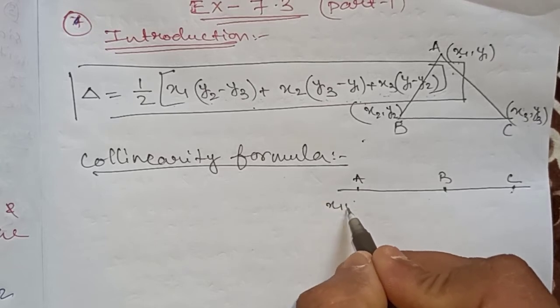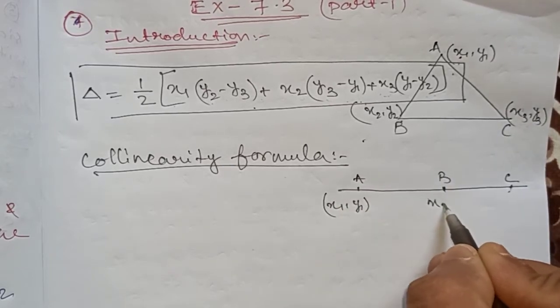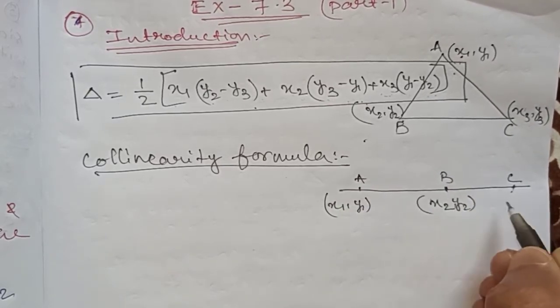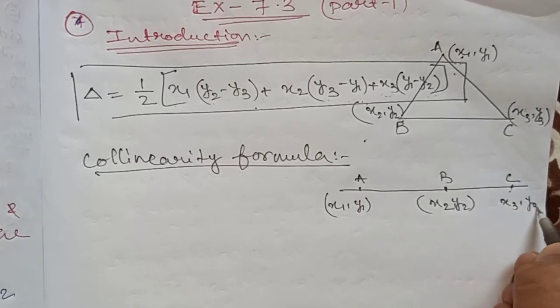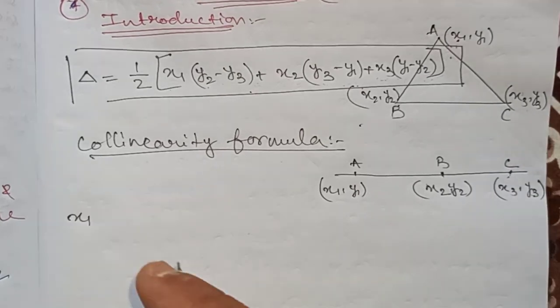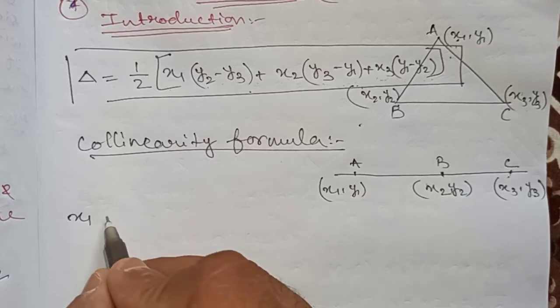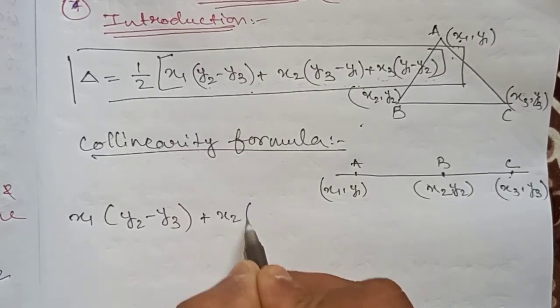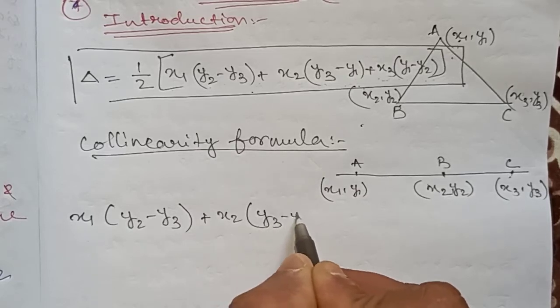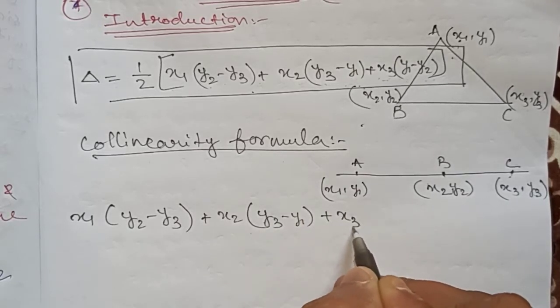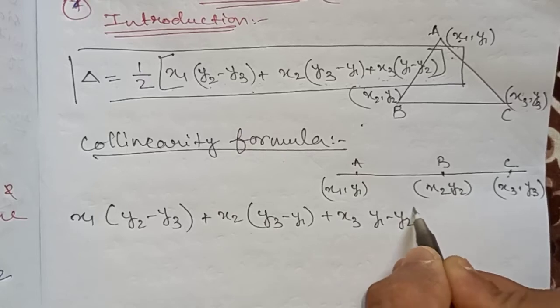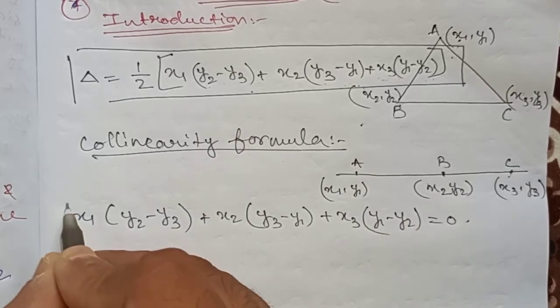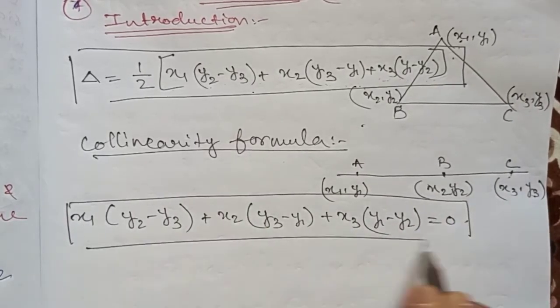So we will take the coordinates A as x1 y1, B as x2 y2 and C as x3 y3, and the collinear formula is x1 into (y2 minus y3) plus x2 into (y3 minus y1) plus x3 into (y1 minus y2) equals 0. Okay, this is the collinear formula.